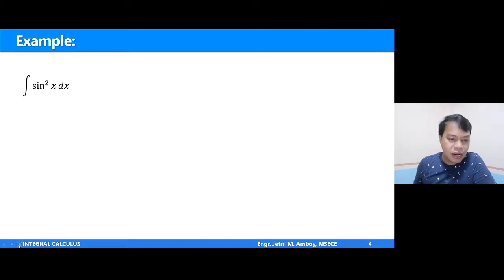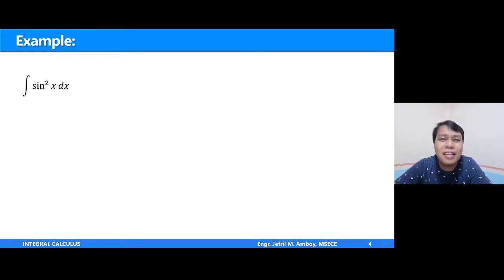So, kinakailangan pala, guys, pag ikaw ay nag-integral, calculus, kinakailangan yung skill mo sa algebra, okay? Mahalaga yung algebra skills dito. Yung mga rules natin sa algebra, mahalaga.